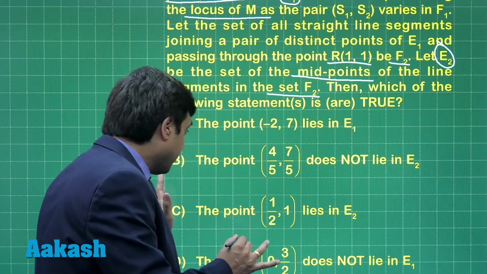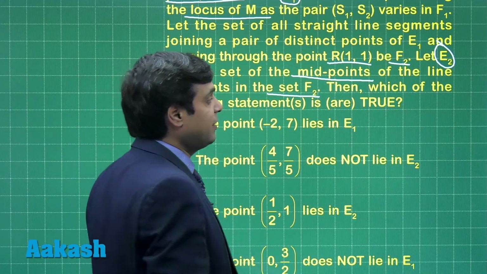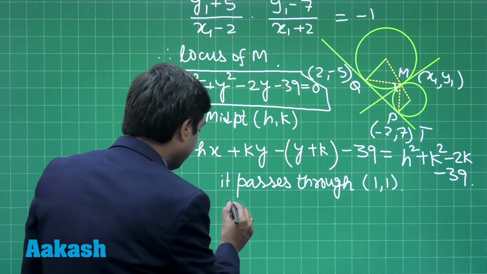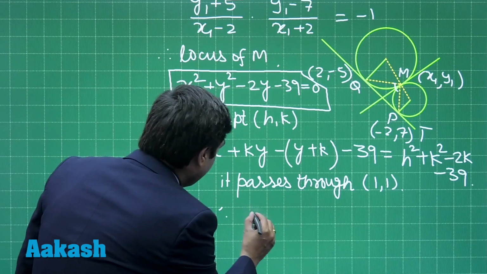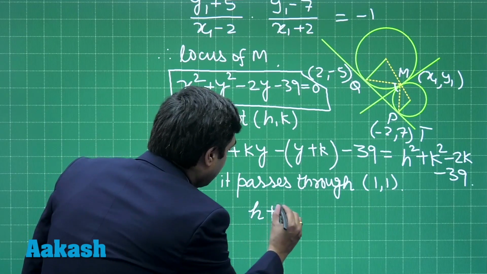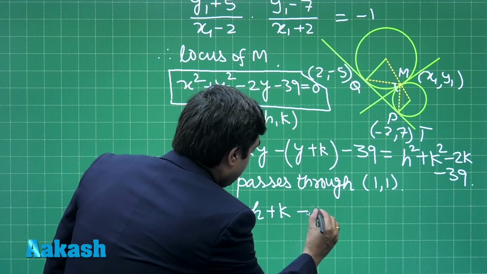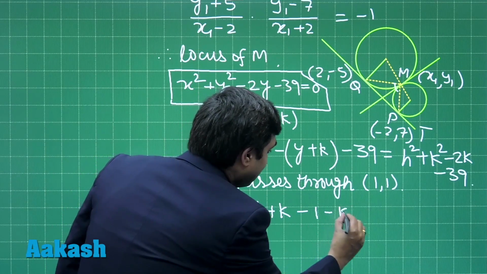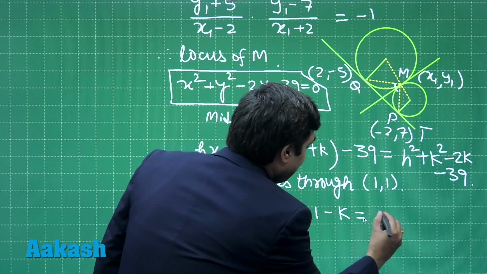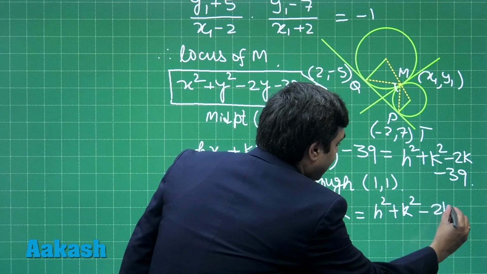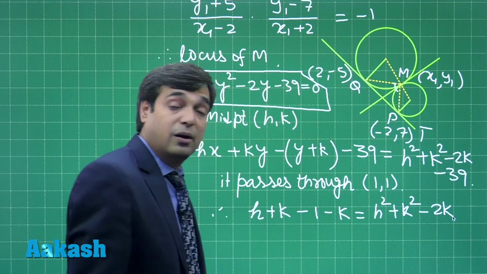Then from there we will check all given 4 options and try to conclude the required answer. So substituting 1 here, we get h plus k minus 1 minus k is equal to h square plus k square minus 2k. That is all.